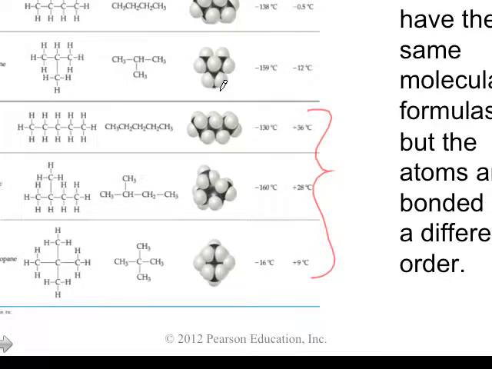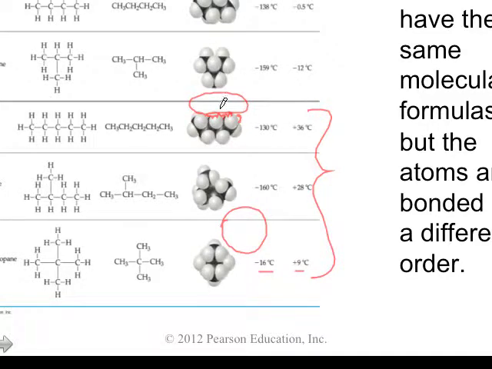But when I am long and skinny, the next long and skinny molecule, I can get pretty close to each other, and that's where this force of attraction is between the molecules. When I'm circular like this one, I can't get as close to the next, and so my melting point and boiling point are going to be much lower, because the force of attraction doesn't take as much energy to separate things that can't get as close together.